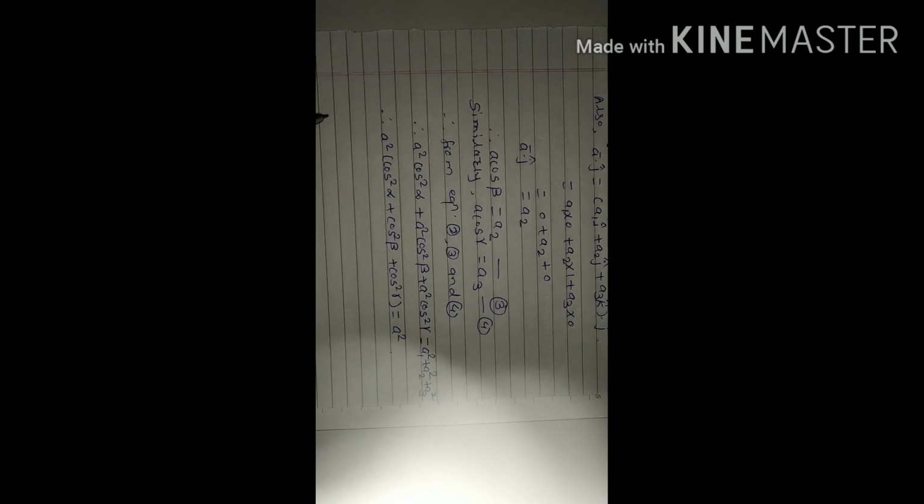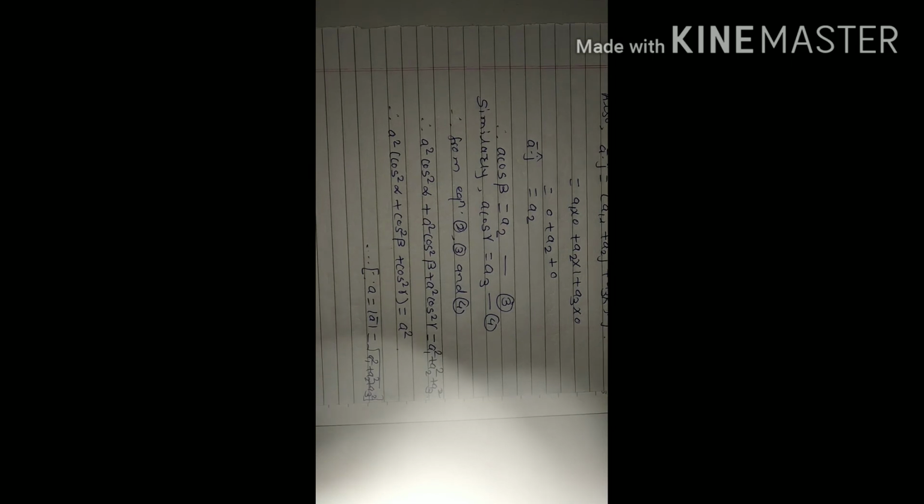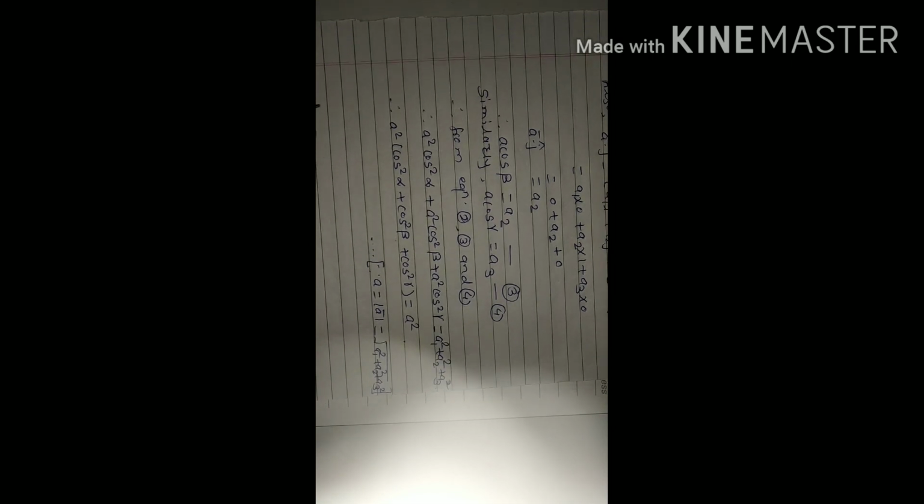Rearranging, the value of A, the modulus of A bar, is equal to under root A1 square plus A2 square plus A3 square.